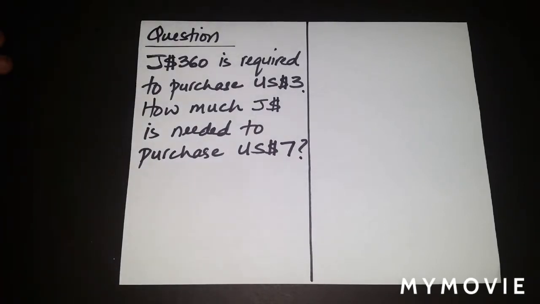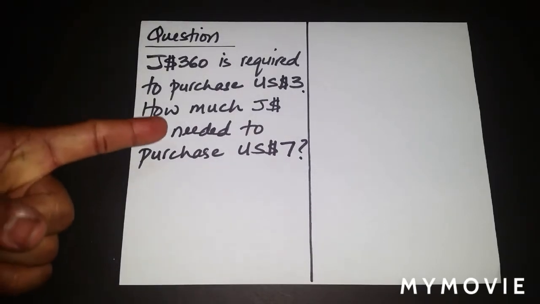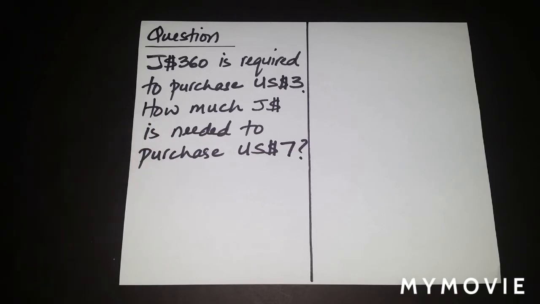Now, all we have to do is figure out whether this is direct variation or inverse variation. So remember, with direct variation, the two variables have to increase together or decrease together. But in inverse variation, if one variable increases, the other decreases, or if one decreases, the other increases. So it says Jamaican $360 is required to purchase US $3.